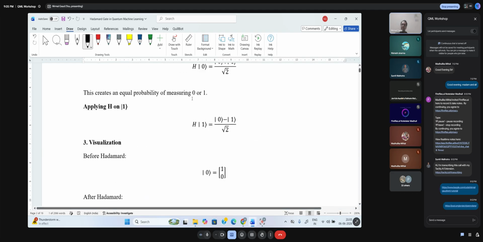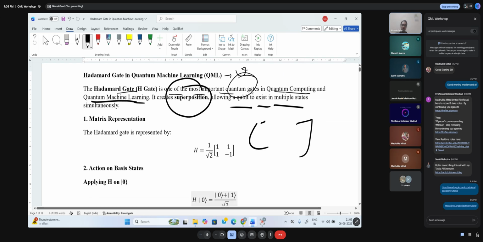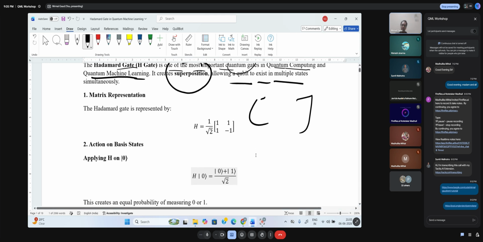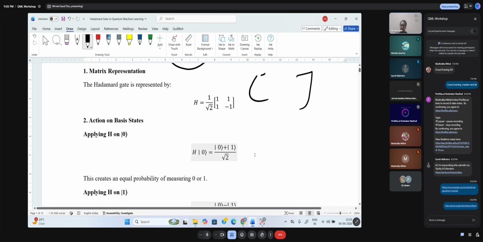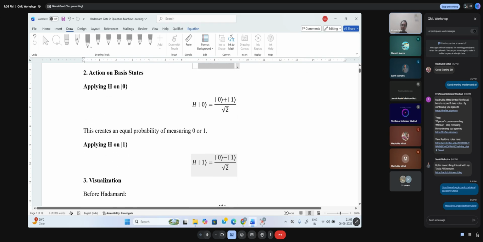Okay, got it. So, what is Hadamard? Hadamard is a quantum gate. It's a method, a quantum function for creating superposition. That means creating multiple states for a single input. So this is your Hadamard function. You applied Hadamard on 0, so you got this. 0 is one state, 1 is one state.